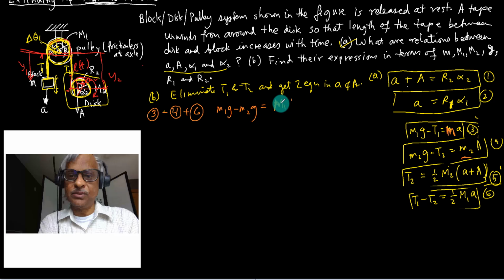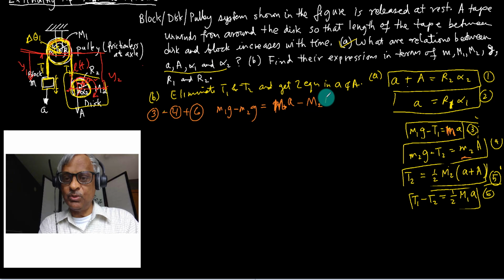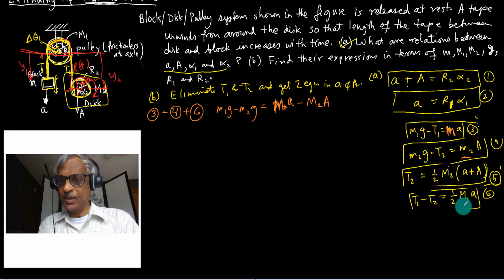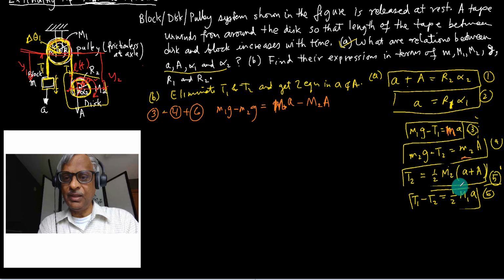So little m, there's a mistake there, mA minus M2A, and then coming from the pulley plus M1 over 2 small a.